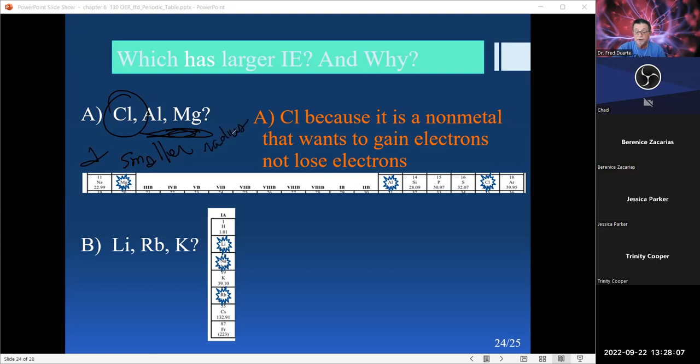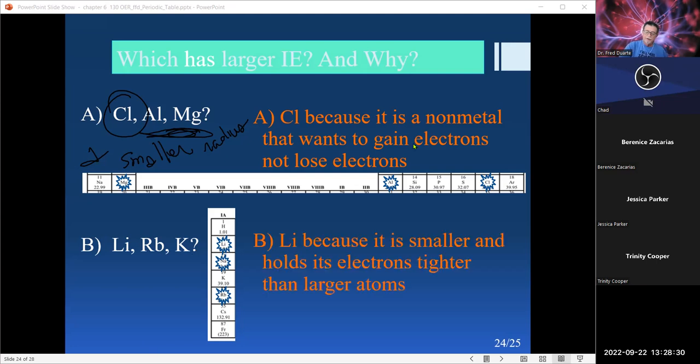Now, with respect to this next group, we're going down the periodic table, okay? All of them are metals, so we don't have any nonmetals here to compare, and they're all in the same group. Now we think about the radius. Lithium, being the smaller of the three, would have a higher ionization energy.